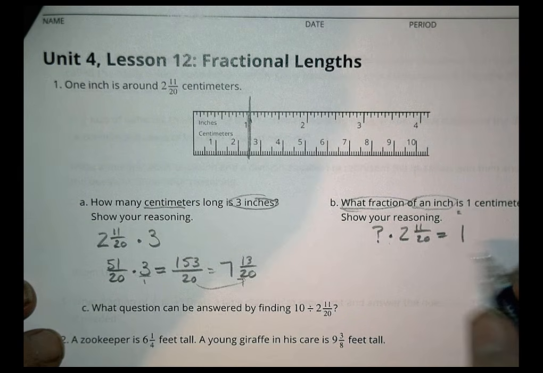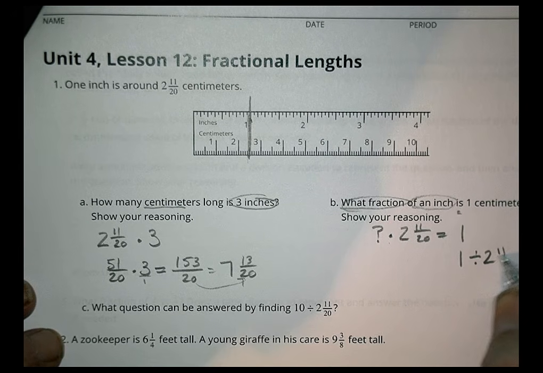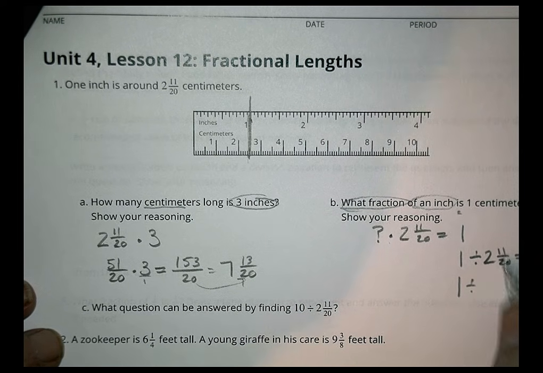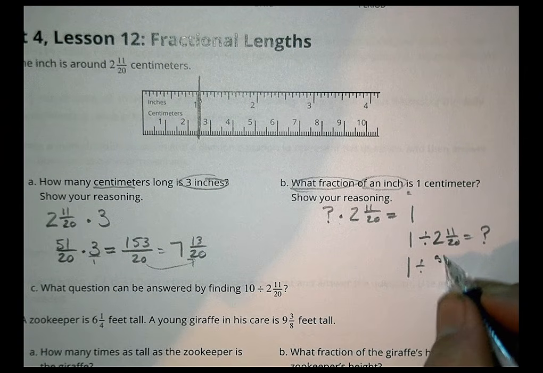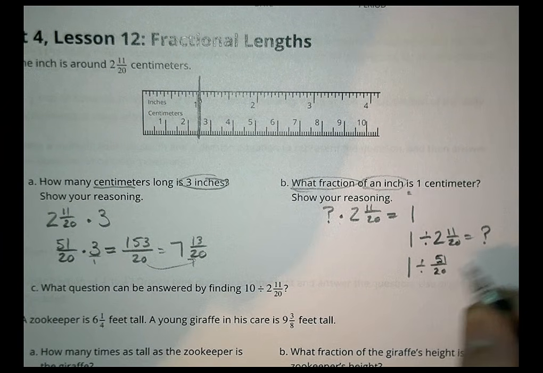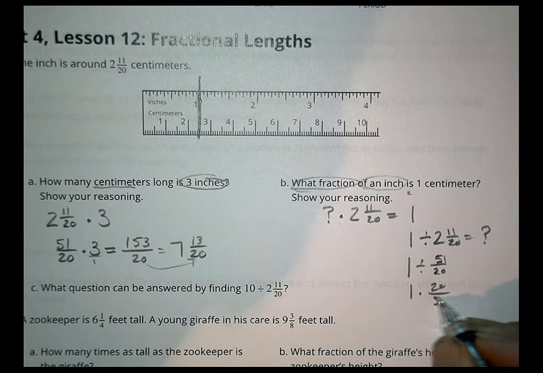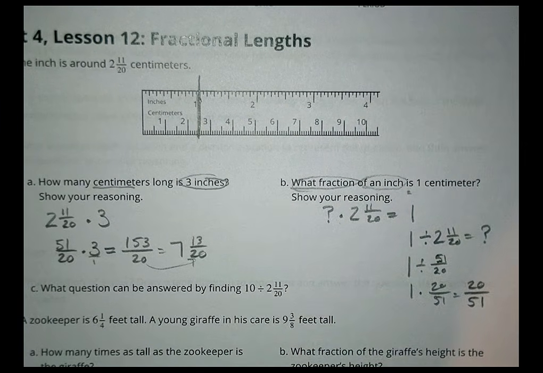Or, as a division problem, this becomes 1 divided by 2 and 11/20 equals question mark. So I again have 1 divided by 2 and 11/20, which is still 51 over 20, and I multiply by the reciprocal, 20 over 51, and we have 20 51sts, like that.